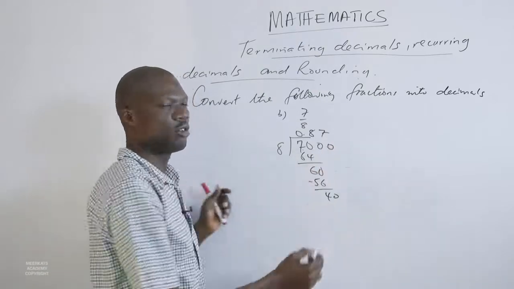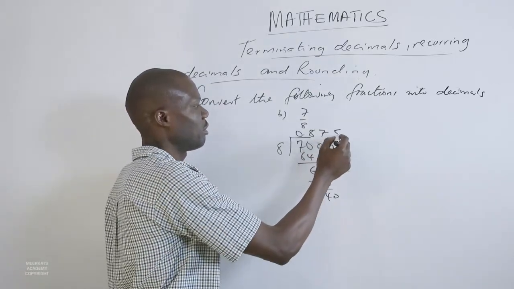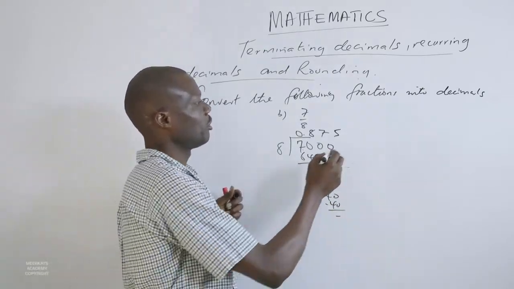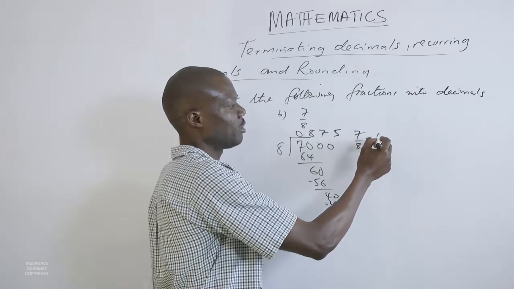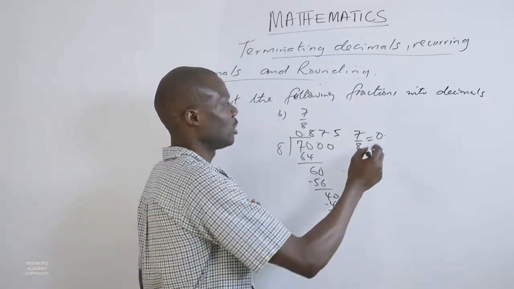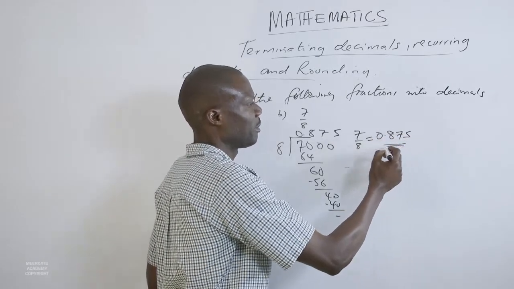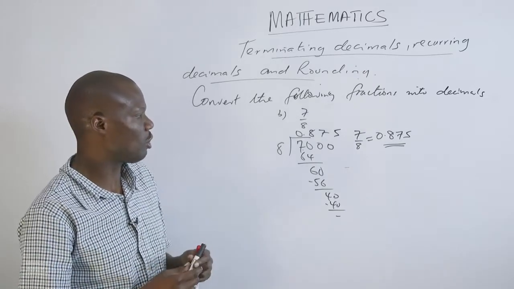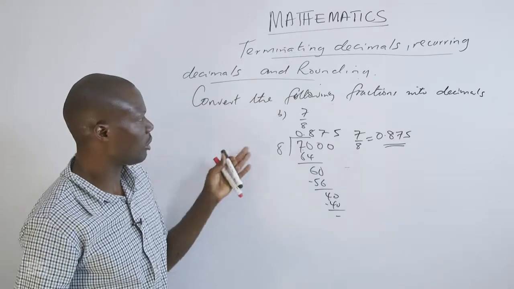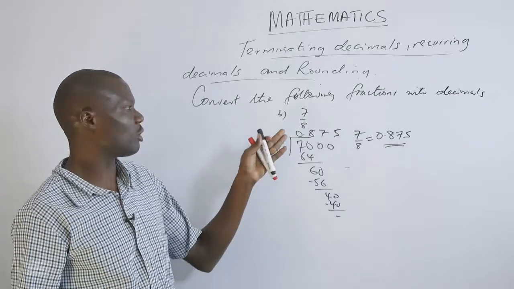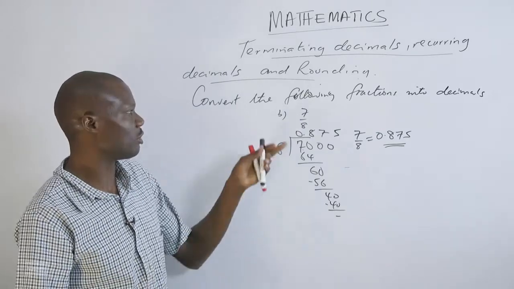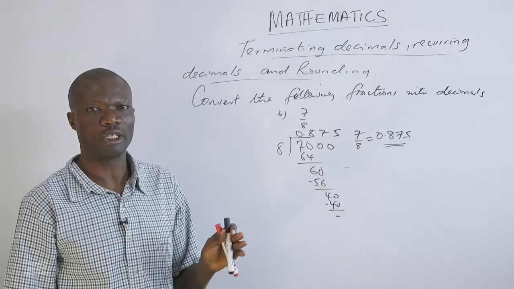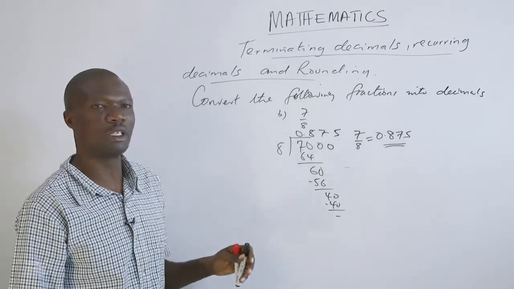And finally, 40 divided by 8 will give us 5 because of 40, and this terminates. Therefore, 7/8 is equal to 0.875. It is a terminating decimal. So that is what we get when we convert a quarter, and also when we convert 7/8.